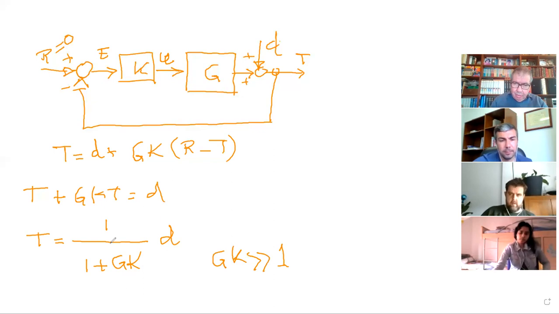Okay, so by having a big loop gain, you have reduced the influence of D on T. If you had no control, T would be proportional to D. The influence of D would be something, okay?